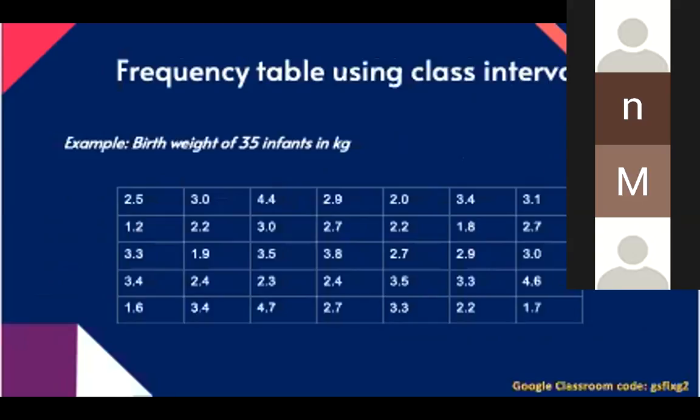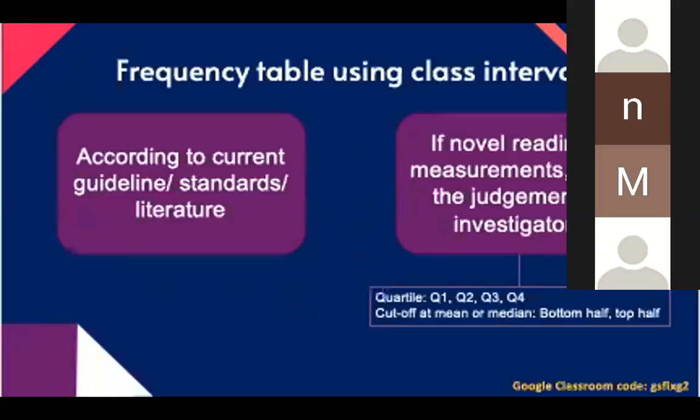So basically, you group them into some interval classes or interval groups. So you may put them in groups based on current guidelines or even literature. So for example, let's say you have a BMI. There will be a BMI classification for Asians, for example. Then you may use that guideline. Or you have something novel. You may use your own judgment.